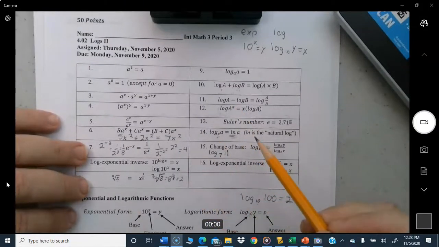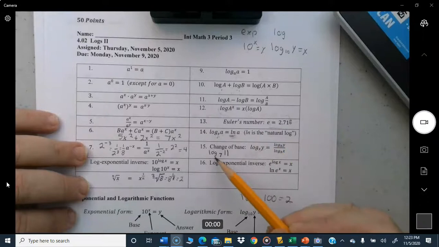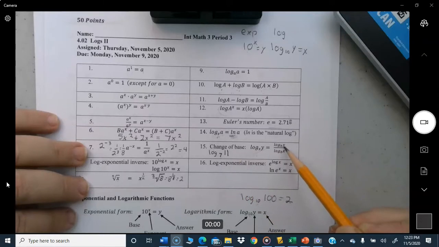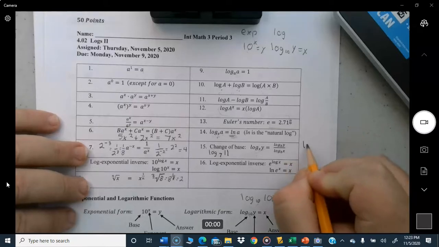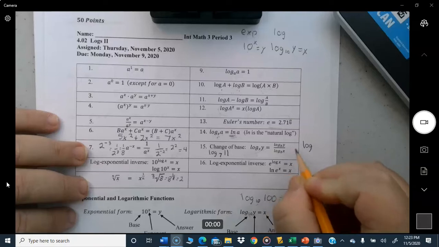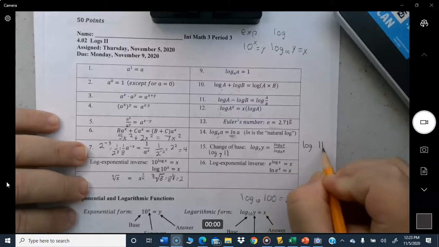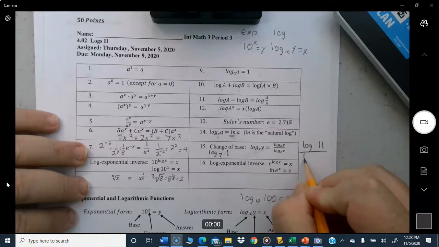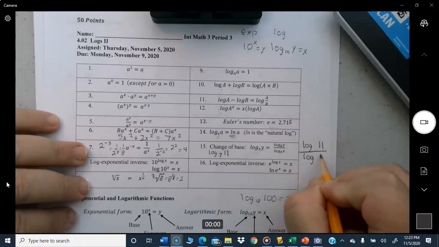And it says that if I have log of base 7, argument is 11, I can put the argument on the top and the base on the bottom, and I can make that log to the base of anything I choose. So that b is whatever you want it to be. I'm going to write it over here. Log, the 11 goes on the top, over log, the 7 goes on the bottom.